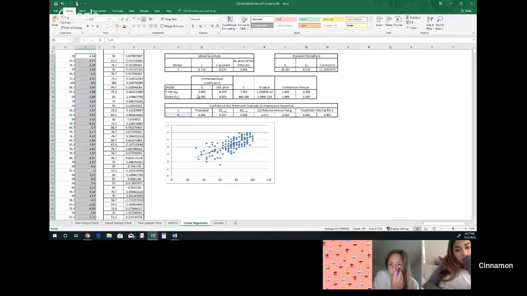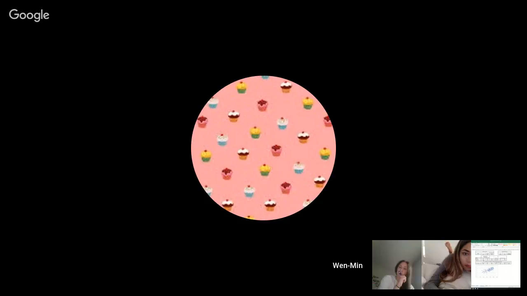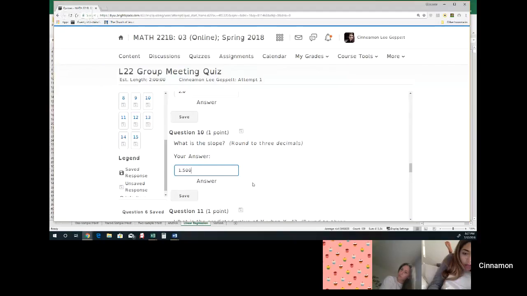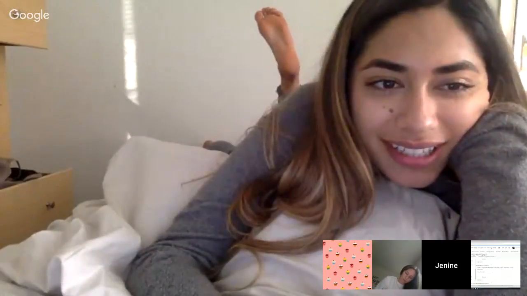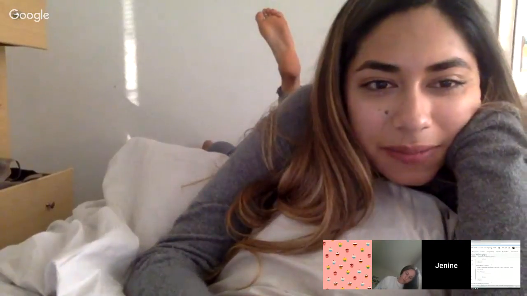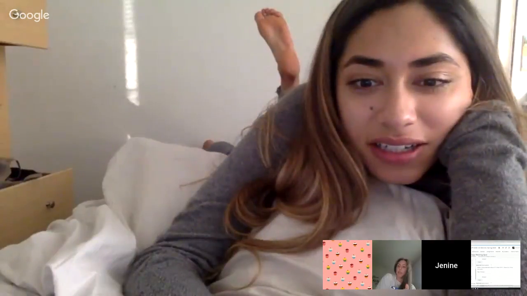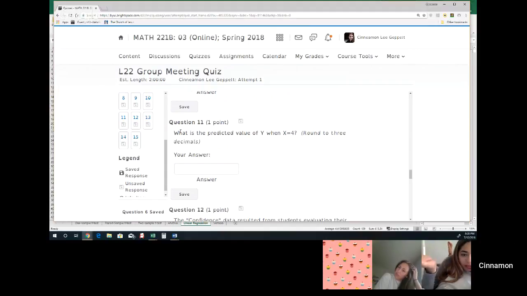So slope, right there, the 1.5. Do we keep it to 1.500? Yeah. I feel like the decimal thing is weird. Sometimes even though it asks for it, it doesn't want it, and sometimes it does. Yeah, or it won't take points off if you just put it.